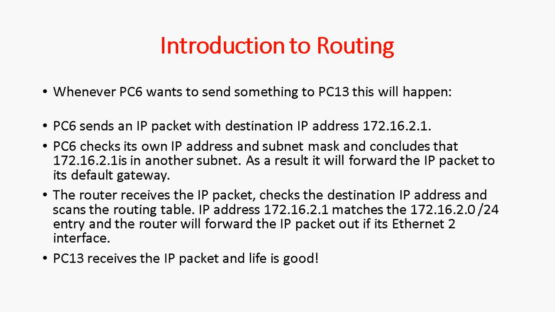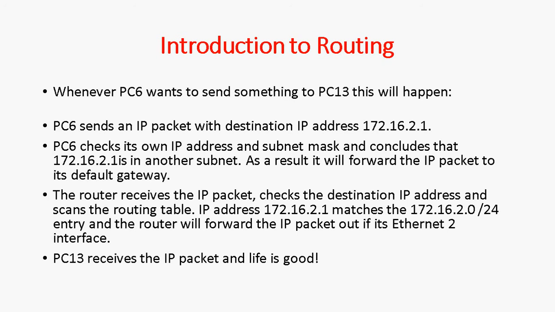Now the router receives the IP packet, checks the destination IP address and scans the routing table. The destination IP address is 172.16.2.1. It matches the 172.16.2.0/24 entry in the router. So now the router will forward that IP packet to the Ethernet 2 interface.